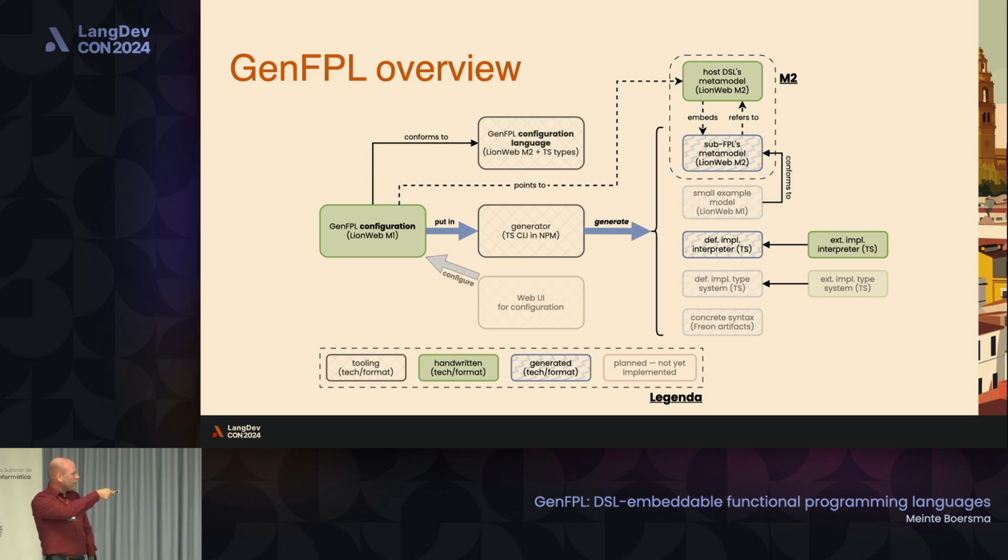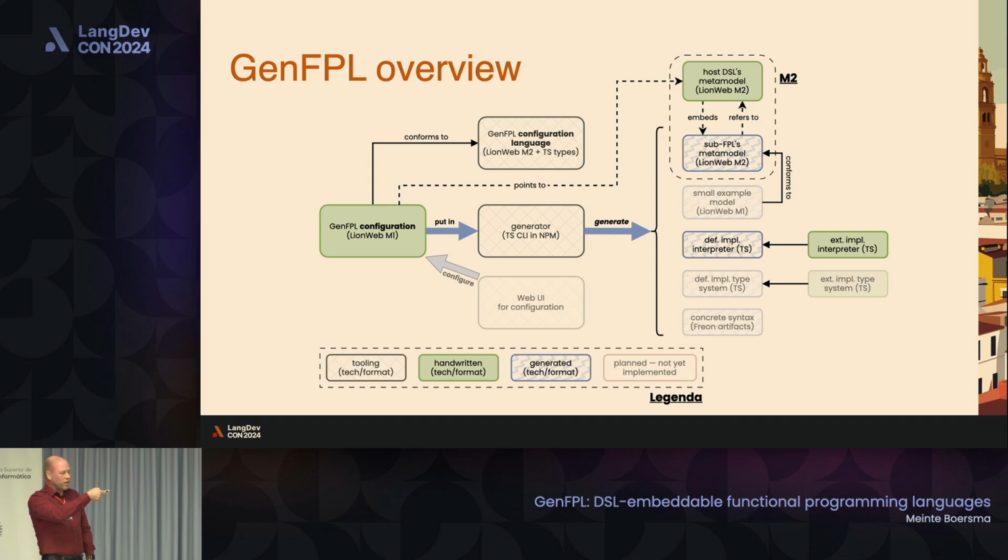So we have a configuration language, which is of course defined in LionWeb, and with that you craft a configuration for your language, which is quite small, and then you run it through a generator, and it spits out a meta model for this functional programming language, which is of course a LionWeb meta model, that hooks into a host language. So you point from the configuration to this host language, and this sub-FPL is then embedded in this host language, and you can use it from there.